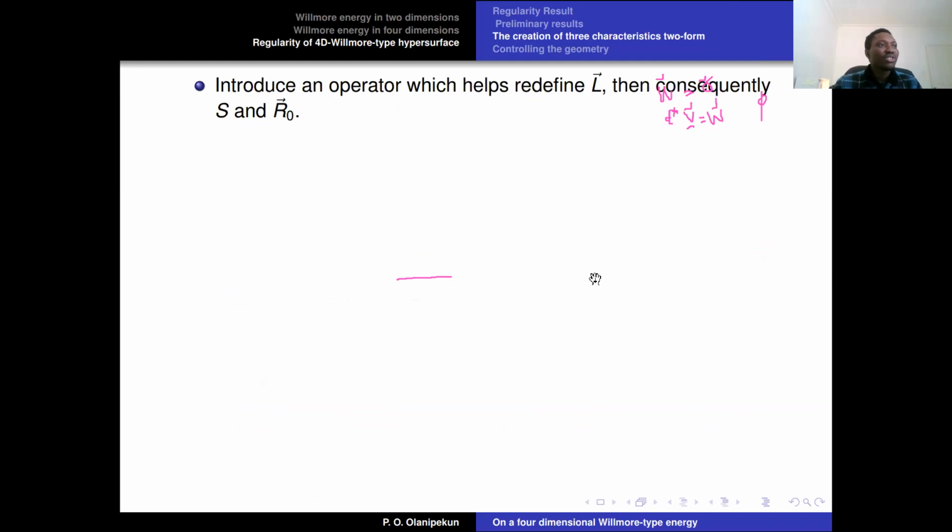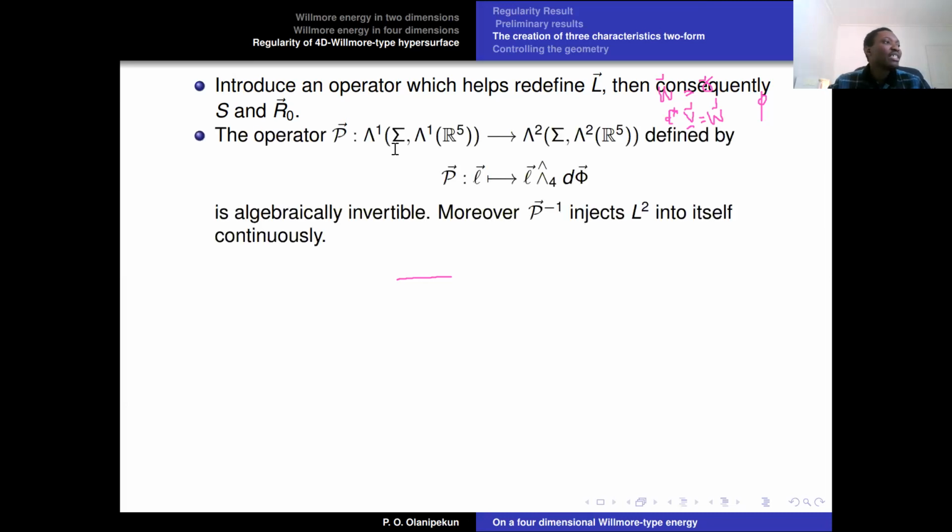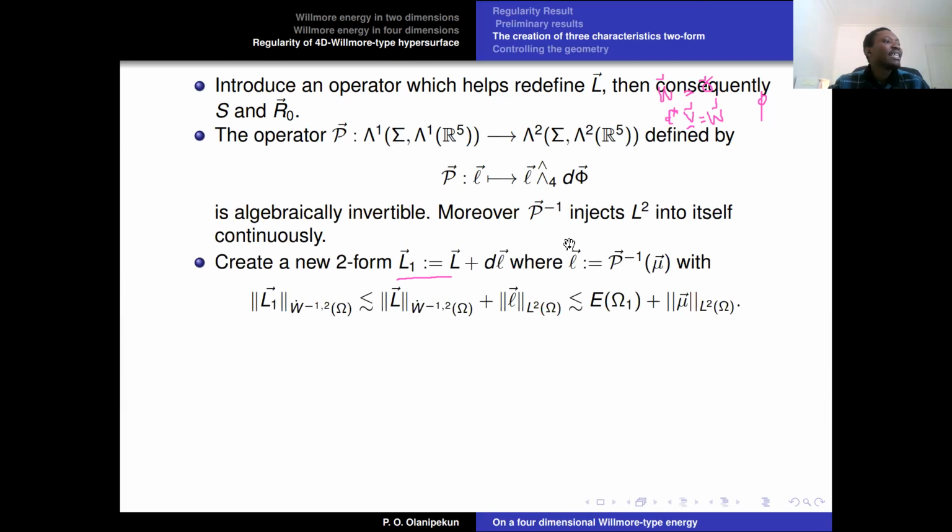How were we able to resolve that? We introduced an operator, which we call L, and with the operator L we were able to redefine S naught and R naught. So we redefine these quantities as some quantity S and some quantity R. This is the operator we call P, and we created S and R from S naught and R naught.